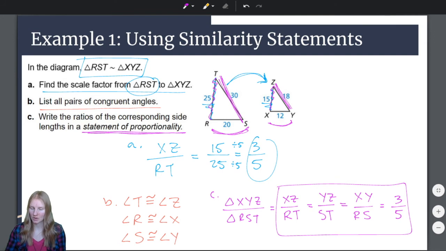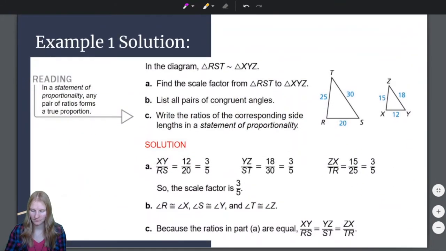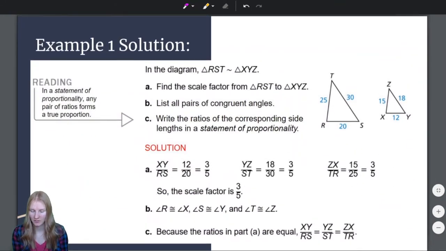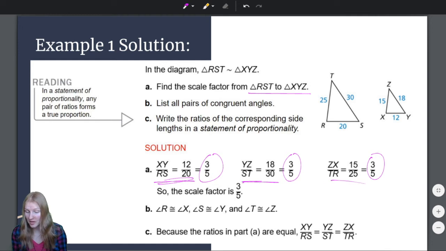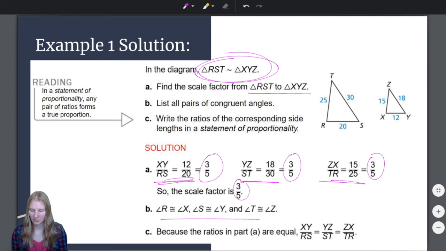Let's check and make sure that we were correct. Yes, from RST to XYZ is 3/5. They did it with all the pairs of sides. You only need to do one, because we know that the triangles are similar. Scale factor is 3/5. Listed the congruent angles, and listed the statement of proportionality for the side lengths. Cool. We were right.